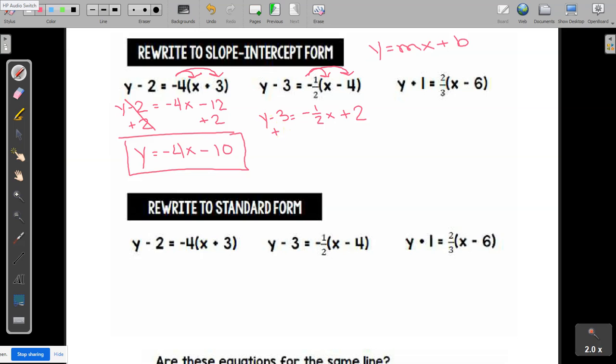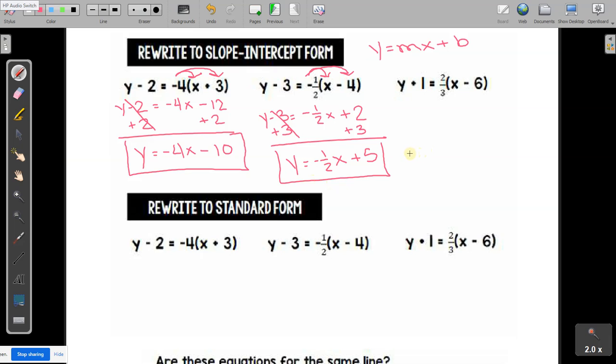We just need y, so we're going to add 3 to both sides, and it gives us y equaling negative 1/2 x plus 2 plus 3 is 5. As you can see, our slope is the same in both equations.